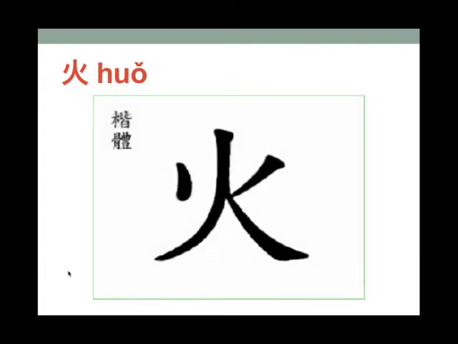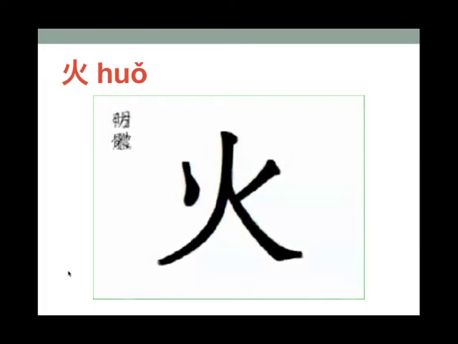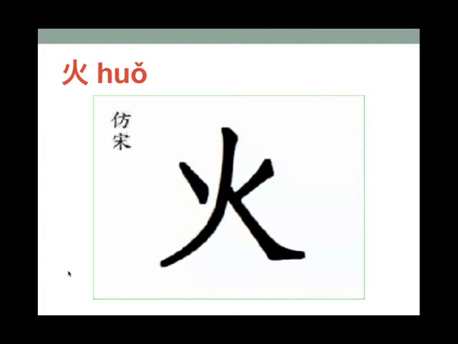In modern Chinese, pictographic characters, 象形字, are less common than the other types, but you often see them as components of more complicated characters. So oftentimes you'll see this final version of 火 as part of a more complicated character on the side.